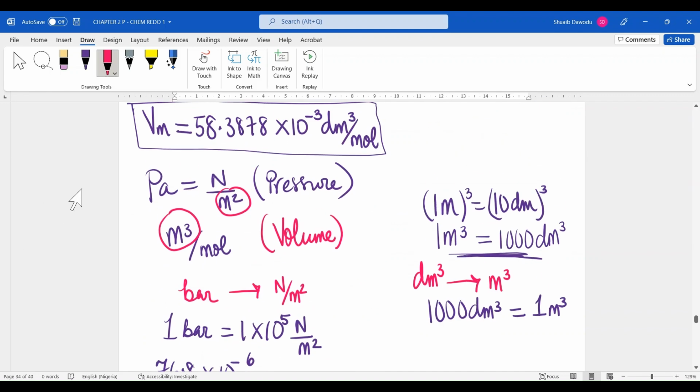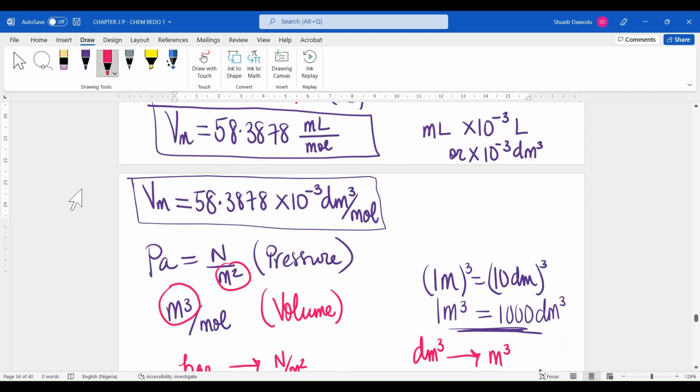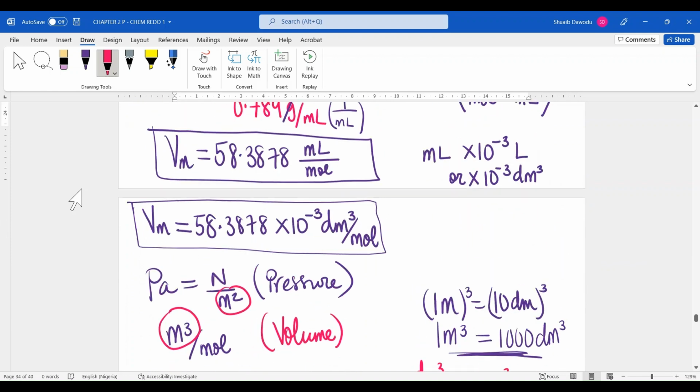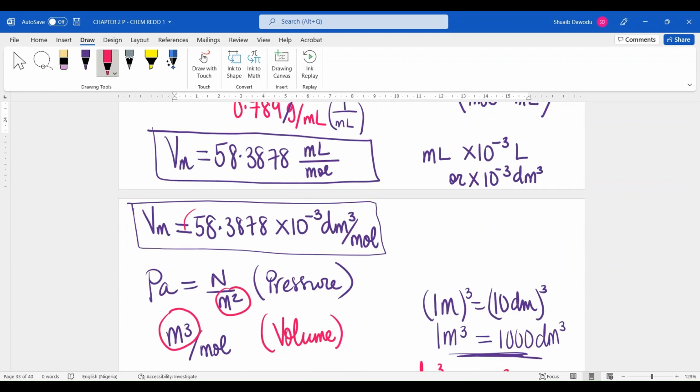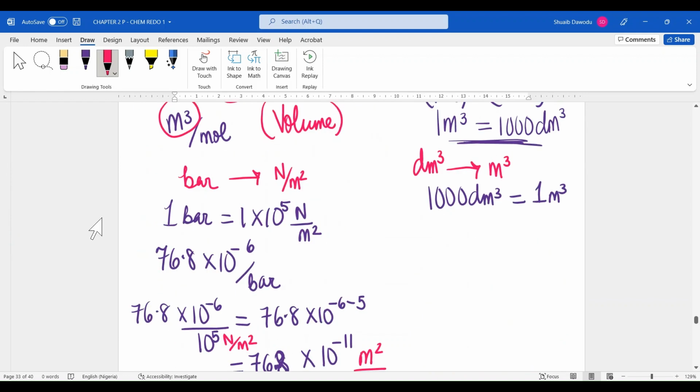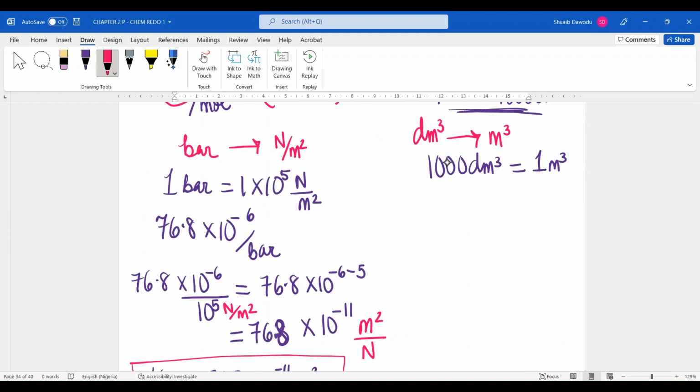The second part is the molar volume, which we know to be this. Now we have to use this part of the molar volume, ignoring the per mole, which is 58.3878 times 10 to the power of negative 3 dm cube. We are going to substitute it to determine what that value would be in meter cube. So 58.3878 times 10 raised to the power of negative 3 dm cube equals x.